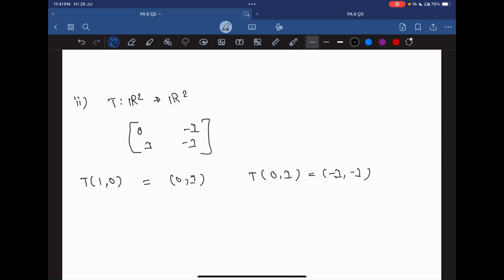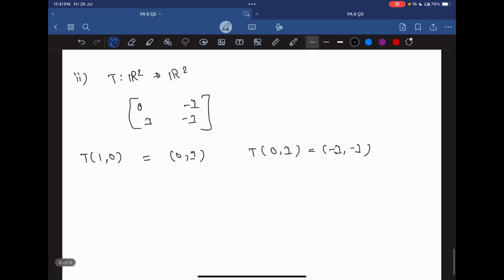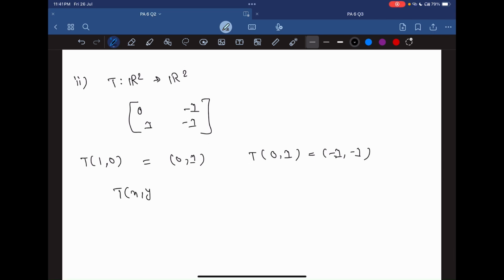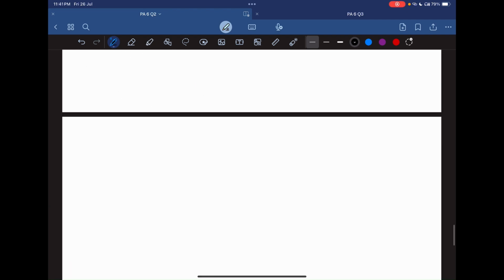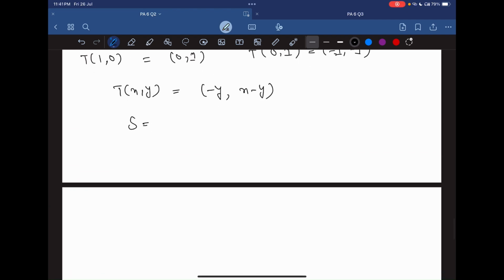To get these images, we will do the same process as we did before. So the transformation would be minus y comma x minus y. So this is our transformation, and our set is the same as before.